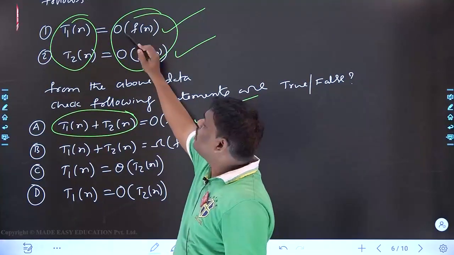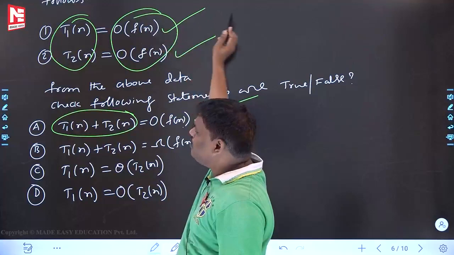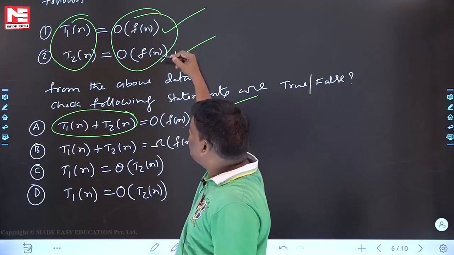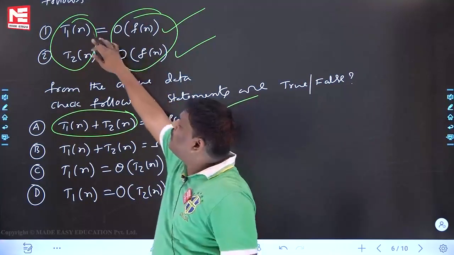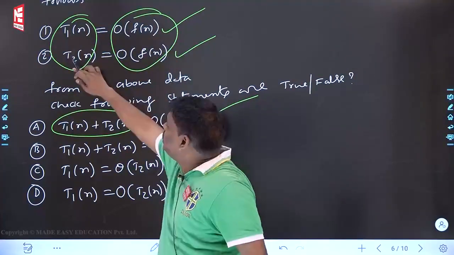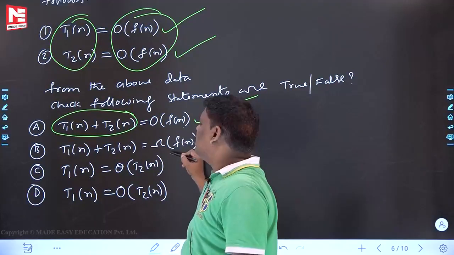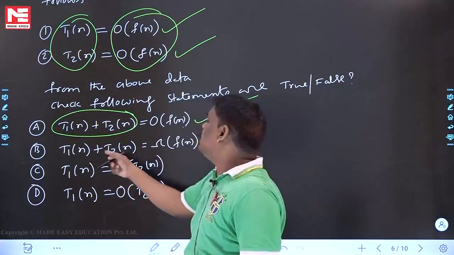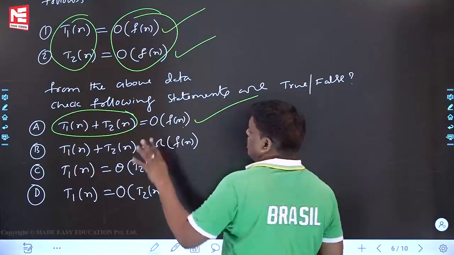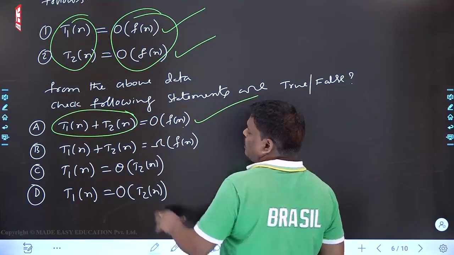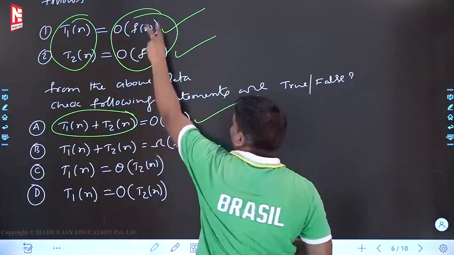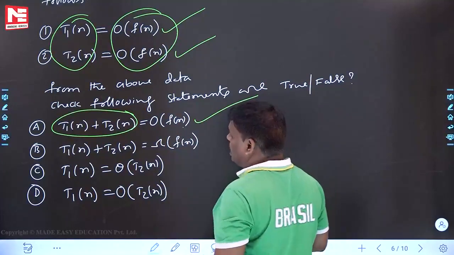You only say comparing T1 of n, f of n is bigger, comparing T2 of n, f of n is bigger. Then for T1 it is an upper bound, for T2 it is an upper bound, so how can I say suddenly that this side is going to be bigger? It is not correct. I think option A is true, option B is false.